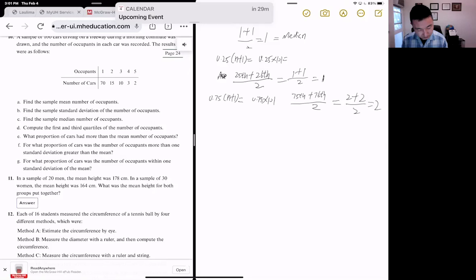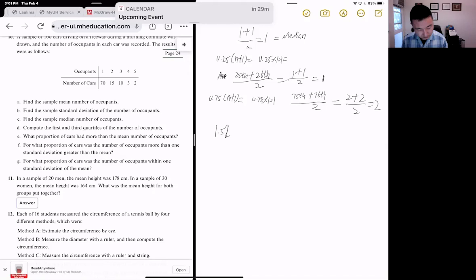What proportion of cars has more than the mean number of occupants? First of all, the mean value we just calculated is 1.52. So how many cars have more than 1.52 occupants?